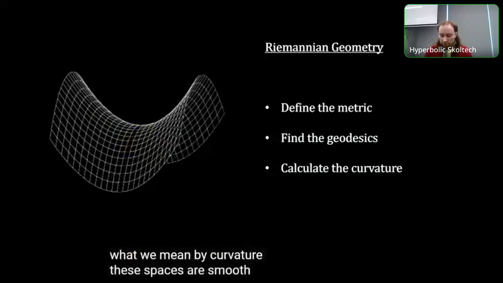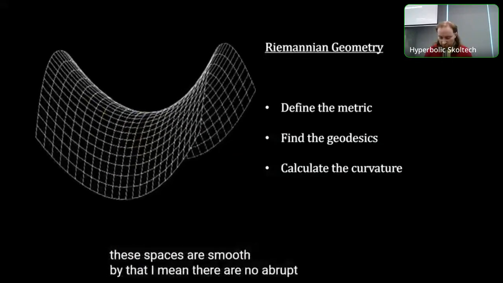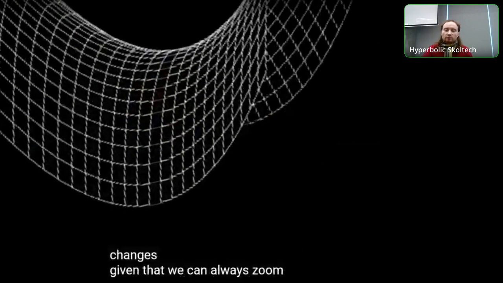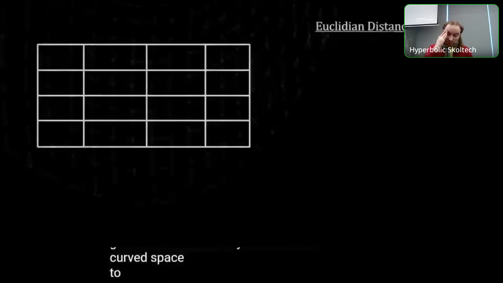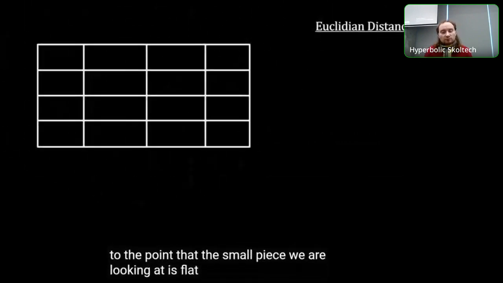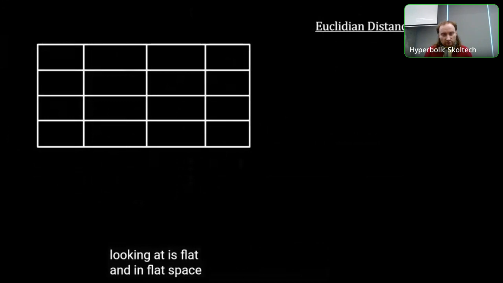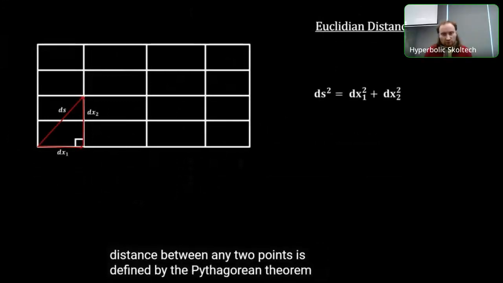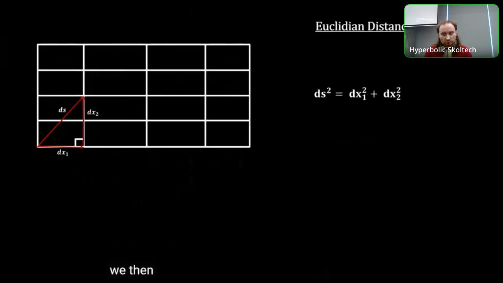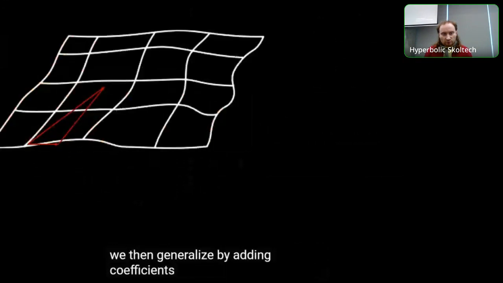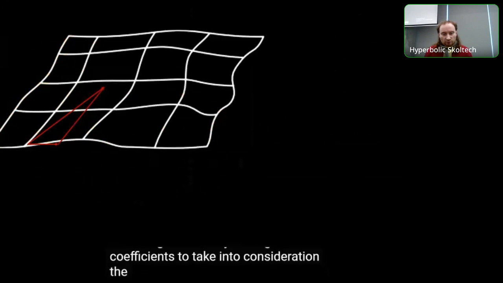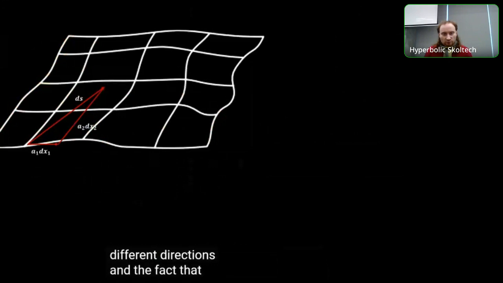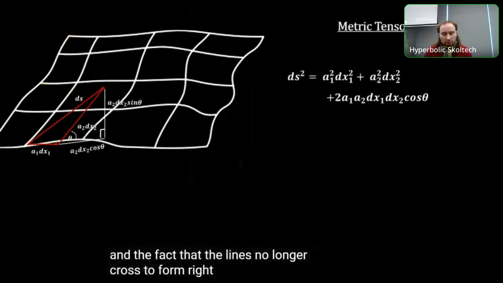These spaces are smooth. By that I mean there are no abrupt changes. Given that, we can always zoom into a curved space to the point that the small piece we are looking at is flat. And in flat space, distance between any two points is defined by the Pythagorean theorem. We then generalize by adding coefficients to take into consideration different scales or lines in different directions, and the fact that the lines no longer cross to form right angles.